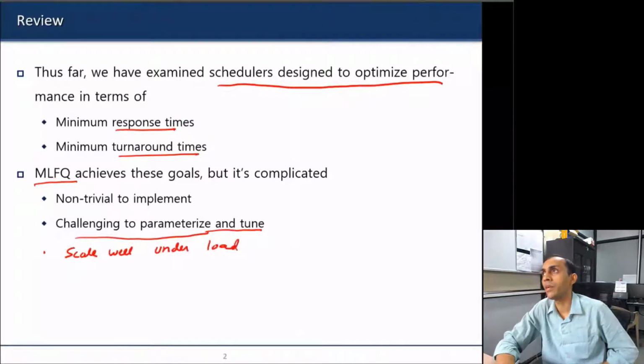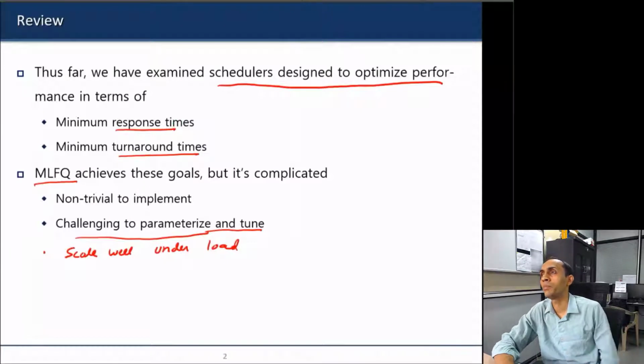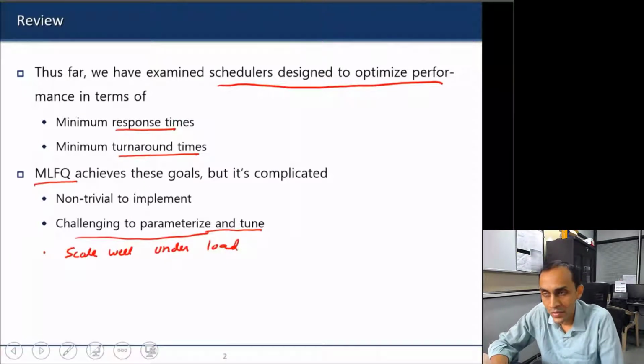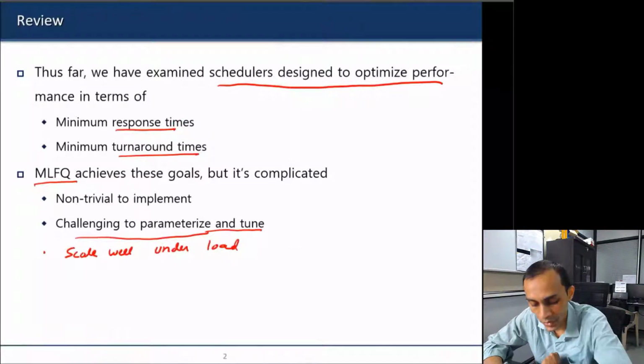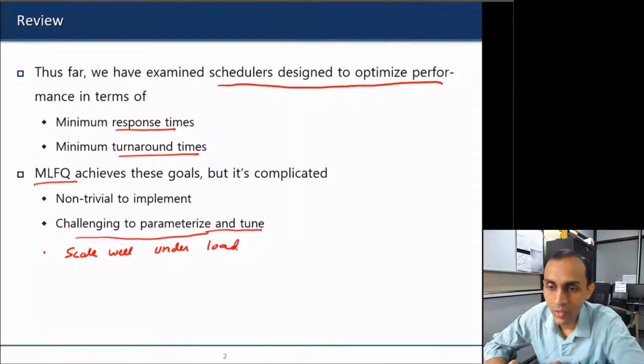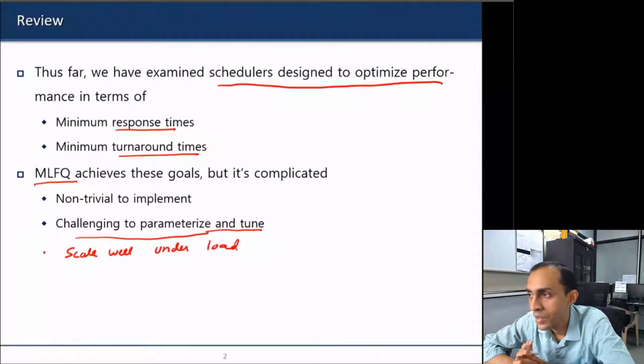In modern day systems, there can be as many as 1,000 processes running at a point of time, especially in data centers. There can be a huge number of processes, and to schedule all of them, the scheduler itself should be very optimal, and should be able to scale up so that it does not take a lot of time.